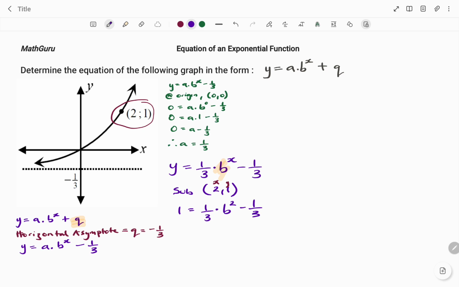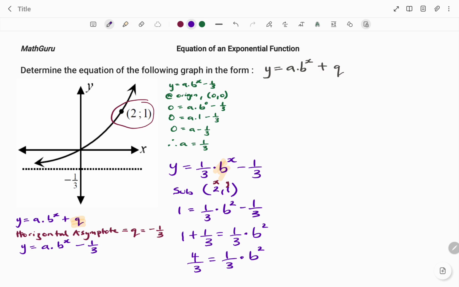I'm going to simplify by finding b, starting by moving my -1/3 to the left-hand side. It becomes positive, so I have 1 plus 1/3 equals 1/3 times b to the power of 2. If I simplify my left-hand side, 1 plus 1/3 is 4/3, equals 1/3 times b to the power of 2.